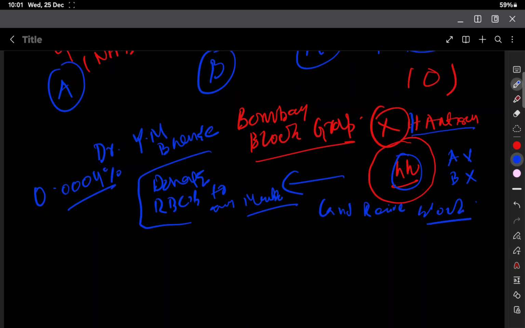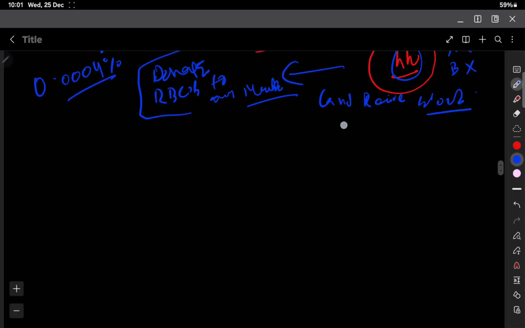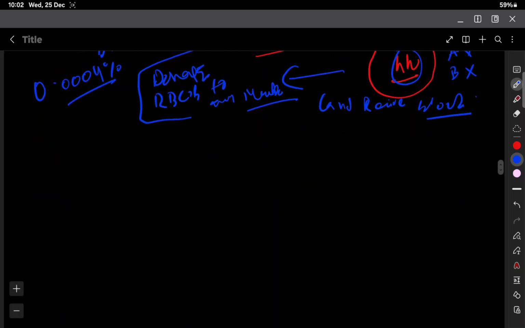The important thing to remember is that they donate RBCs to any member of the ABO blood group system, but they can't receive blood from any ABO blood group. Now, from this what we have learned, this fucose and all. There are antigens on the RBCs, A, B, AB, and O. These are the four types of blood groups.